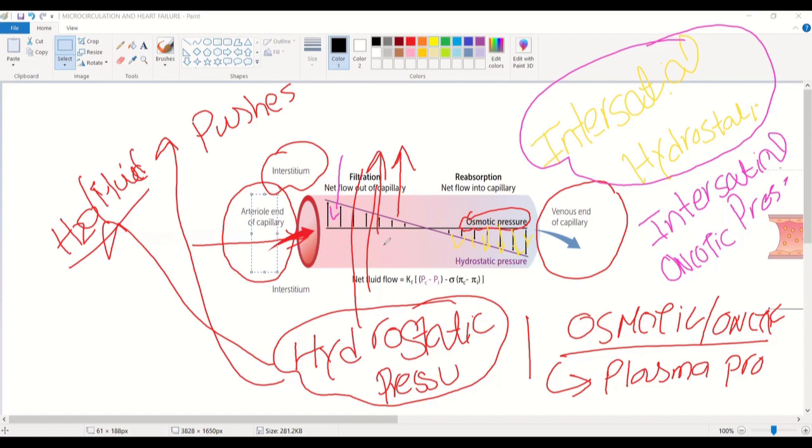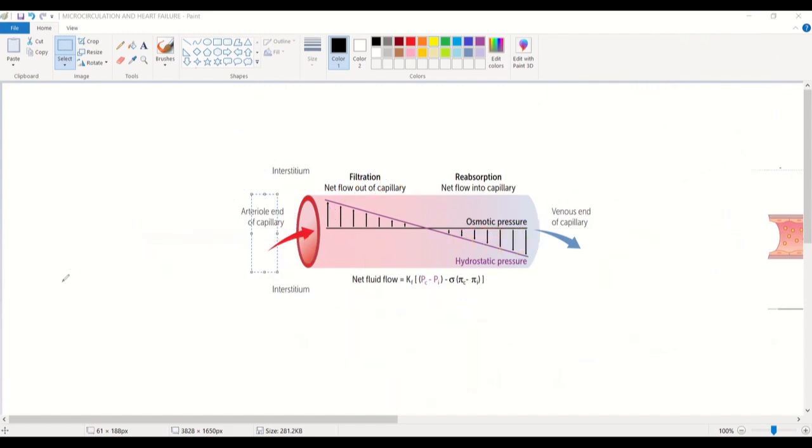Okay, so why are these pressures important? Because there is pathophysiology behind these pressures. Let's suppose we are talking about capillary hydrostatic pressure. Can you tell me any condition in which this hydrostatic pressure is increased?